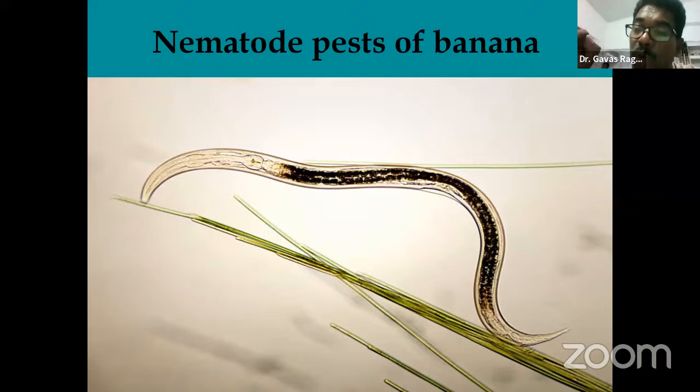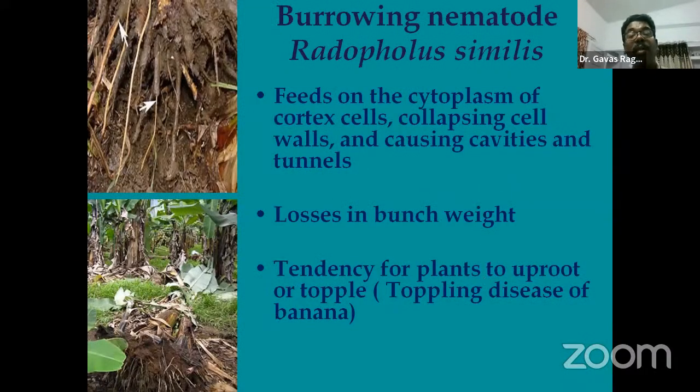They pierce the roots and plant parts, suck away the juice of the plant, and cause severe damage to the roots. So this is a picture of a plant parasitic nematode. In India, 6 different types of banana parasitic nematodes have been reported. But out of these, the most important one is the banana burrowing nematode, scientifically known as Radopholus similis.